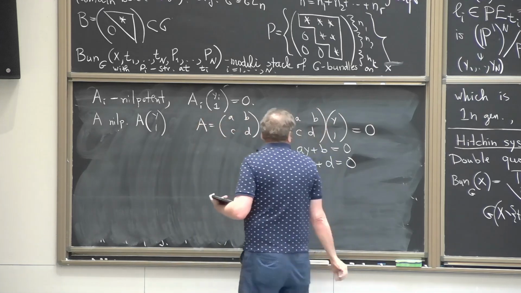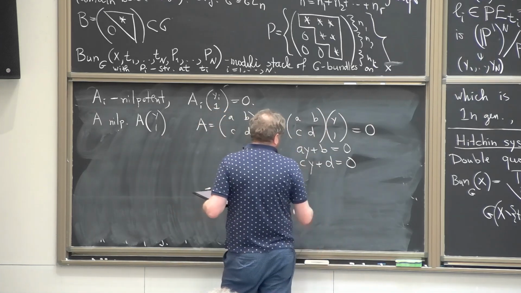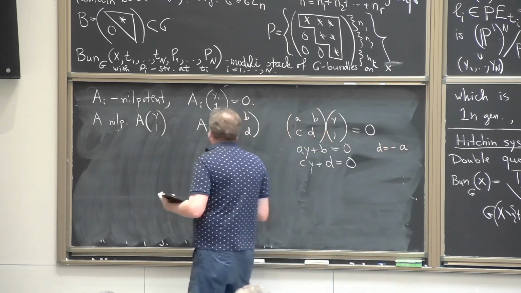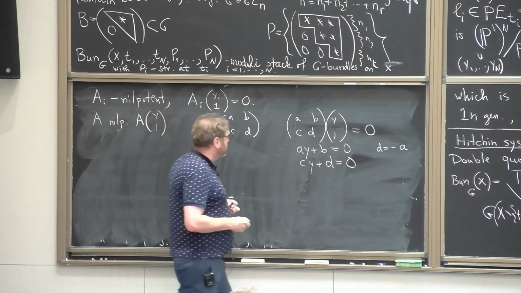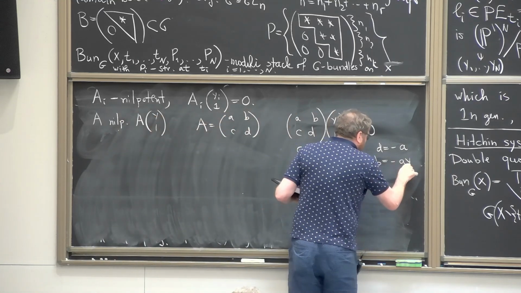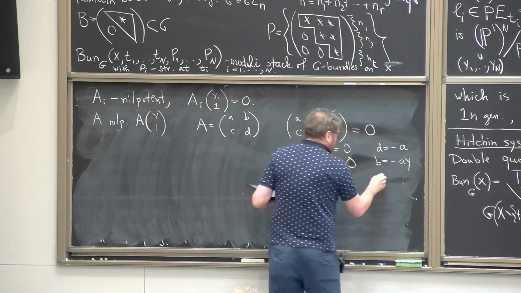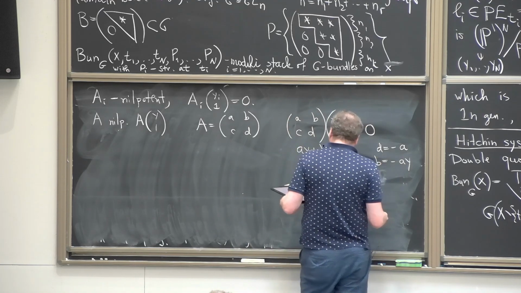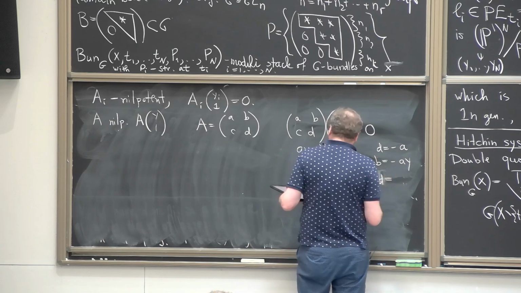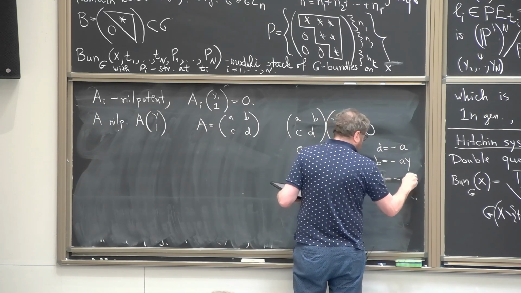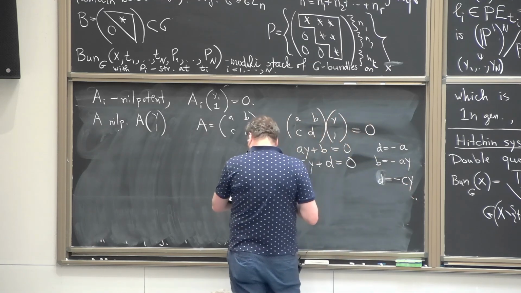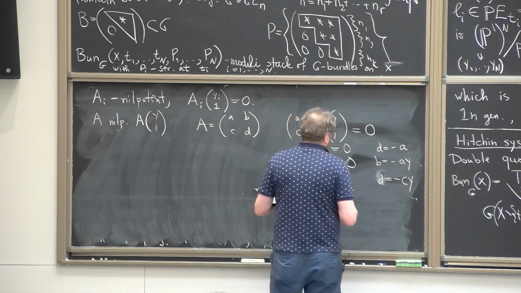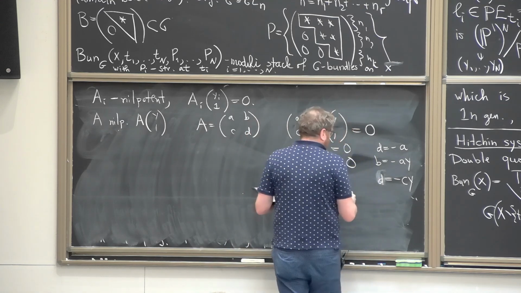Okay, so we can compute everything in terms of C. First of all, D is minus A, because we need trace 0 for a nilpotent matrix. B equals minus AY, and D equals minus CY.